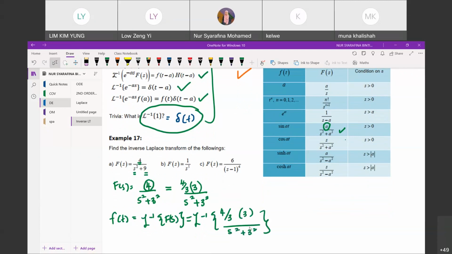And by linearity property, you can put 4 over 3 as a constant outside. So you can inverse only 3 over s squared plus 3 squared, where this is mapped to a over s squared plus a squared. Now your a is 3, so you can get 4 over 3 sine 3t. All right, so this is how you inverse transform. Is that clear?